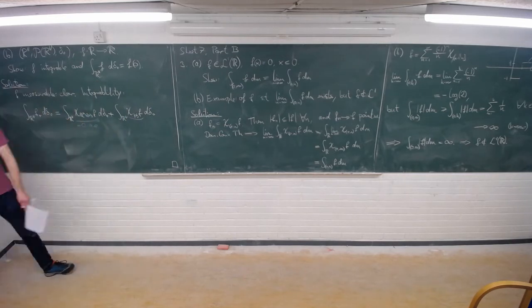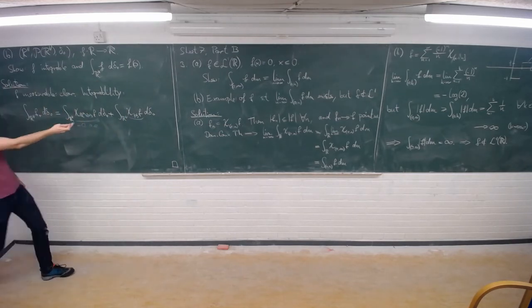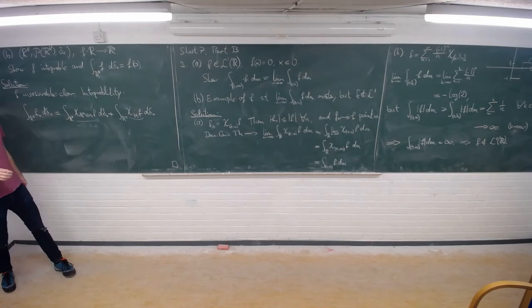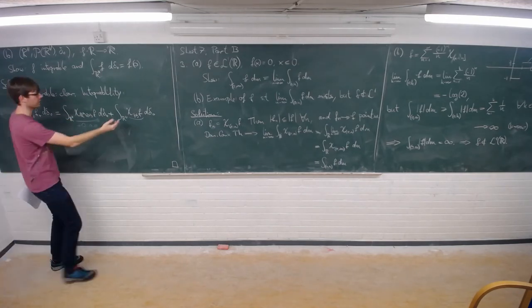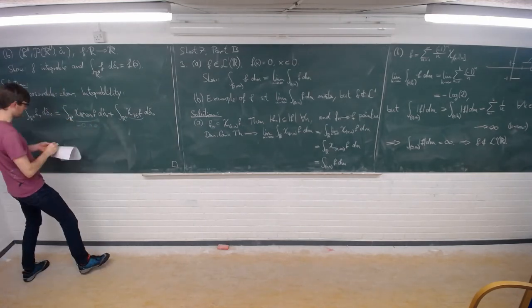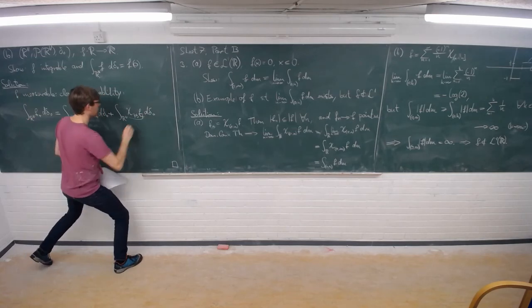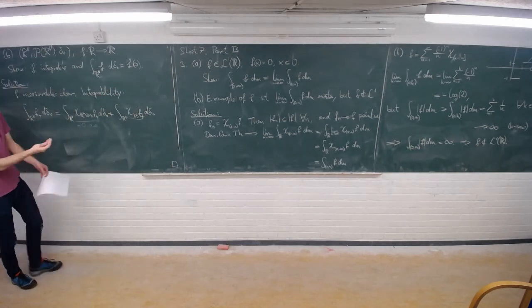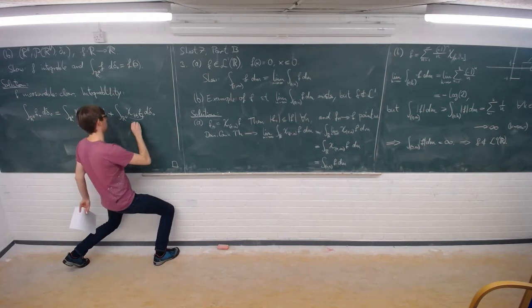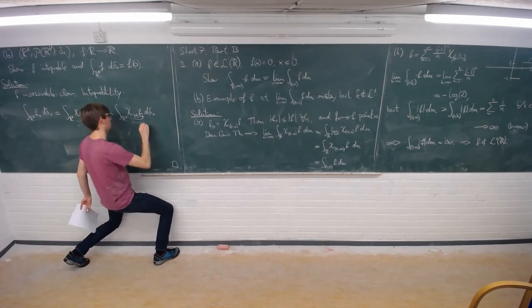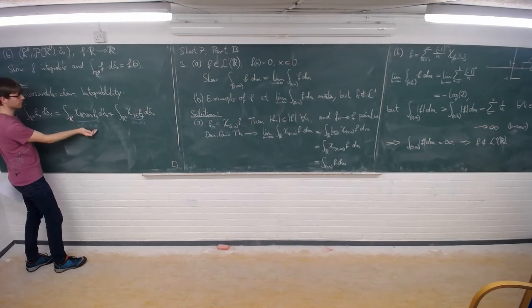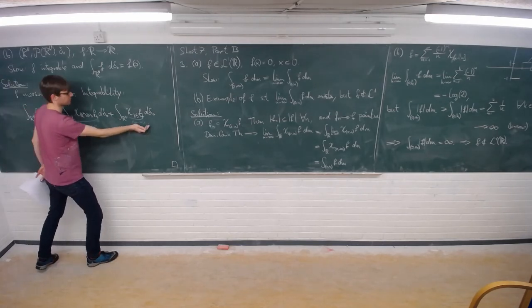And this function, that's a simple function, right? It's 0 everywhere except at 0. And at 0, its value is, oh sorry, this should be f plus everywhere, sorry. At 0, the value of this function is f plus of 0. But the important point is, this is 0 almost everywhere. This is a simple function.